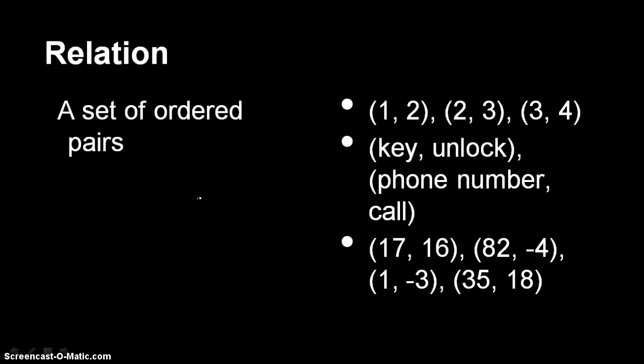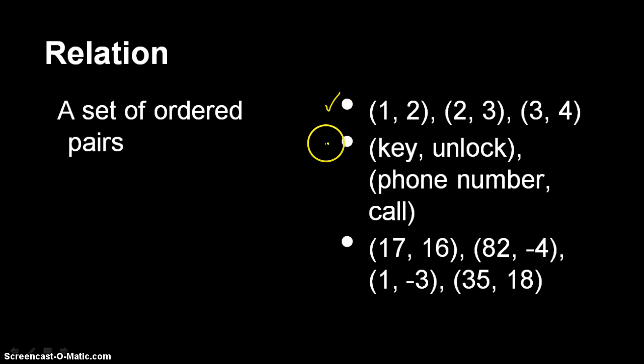However, a relation is a set of ordered pairs, or more specifically a set of inputs and outputs. This first example here is a set of ordered pairs. The relation includes 1, 2, 2, 3, and 3, 4. The second example has words instead of ordered pairs.